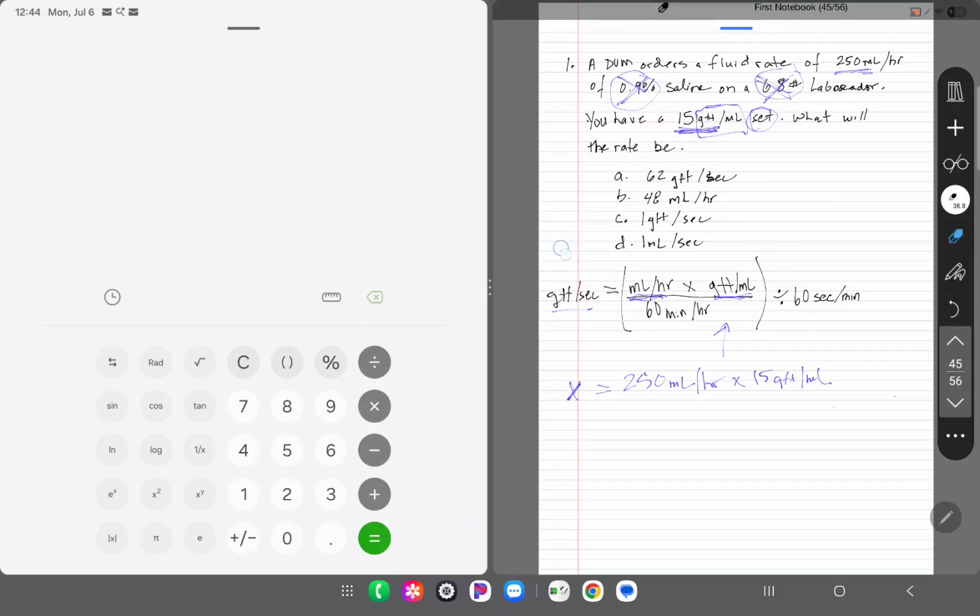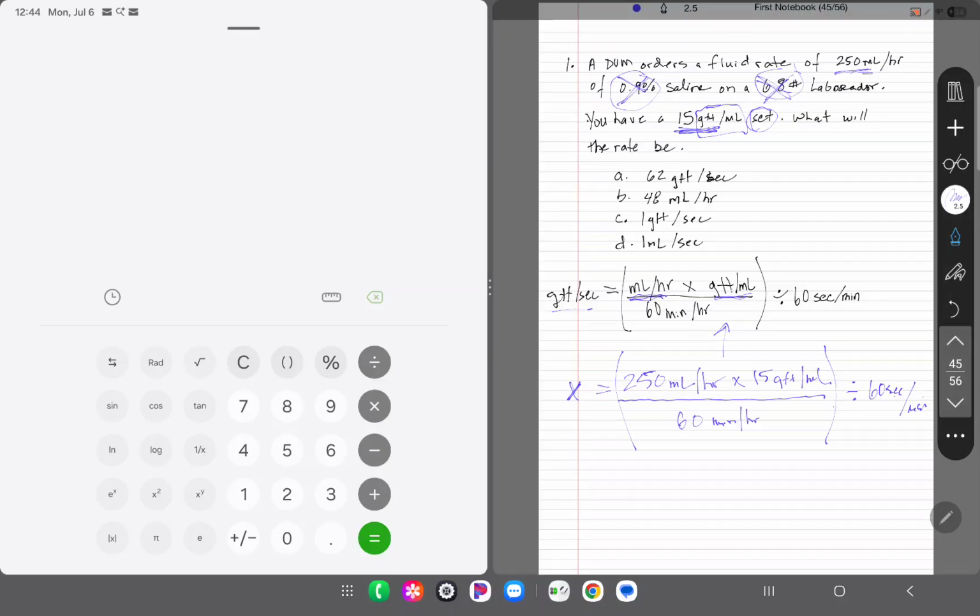Let's get rid of some of this excess nonsense I've written here. All right. So the two pieces that you don't know, that are not conversion, we've just put in my equation. We divide all of this by 60 minutes per hour. You make sure it's in brackets because whatever's in brackets goes first. And that's divided by 60 seconds per minute. Fabulous.